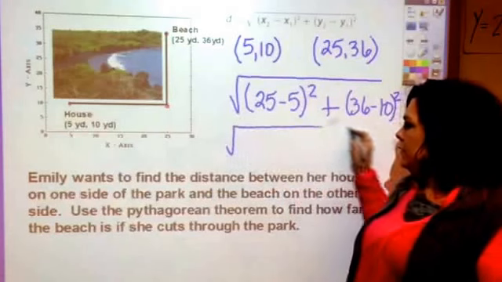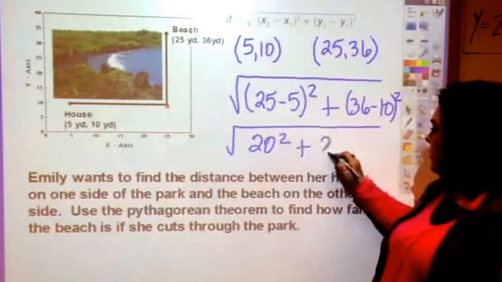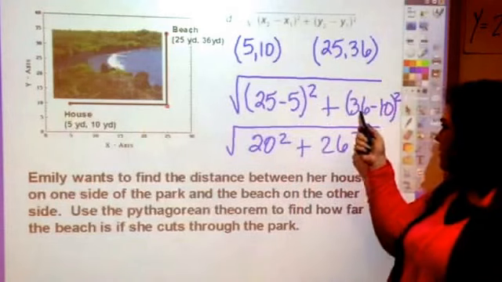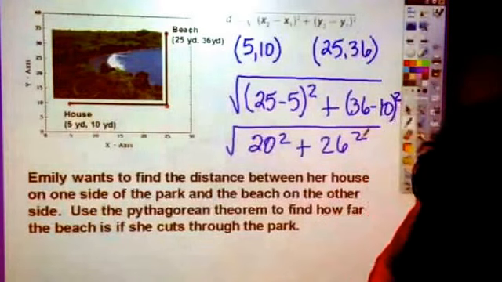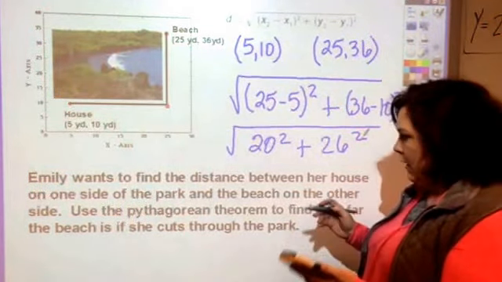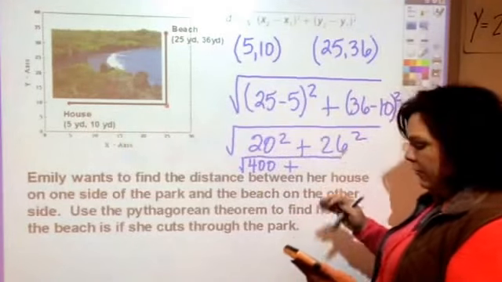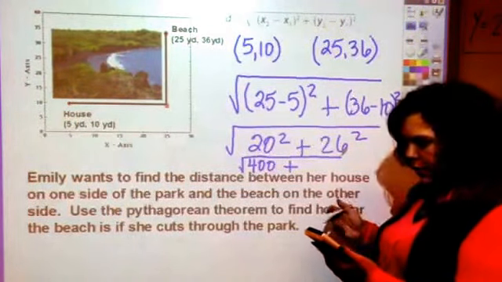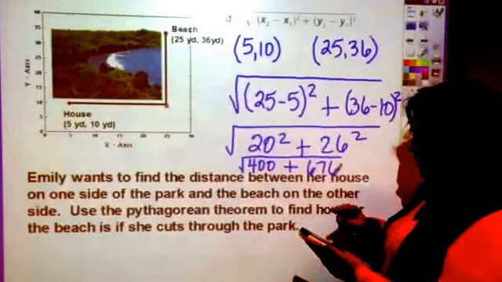So the square root of 20 squared plus 26 squared. Now 25 minus 5 is 20 squared, and then 36 minus 10 is 26 squared. So I'm going to use my calculator, and I think I know 20 squared, and of course that is 400. Now I do not know 26 squared. So I'm going to do it on the calculator, 676.